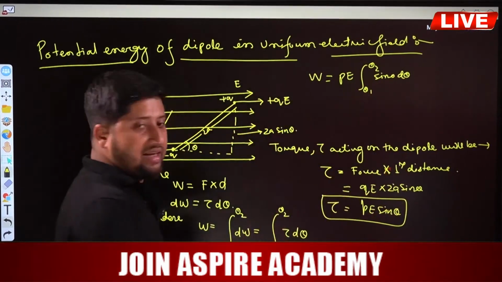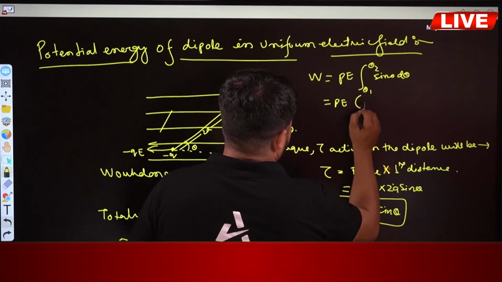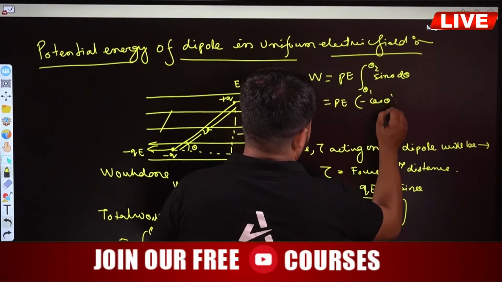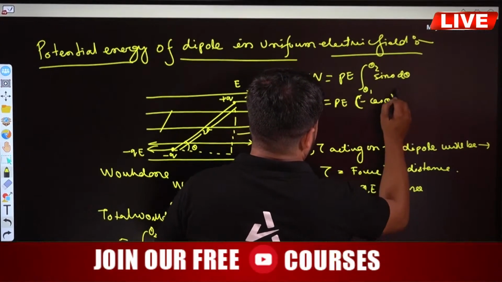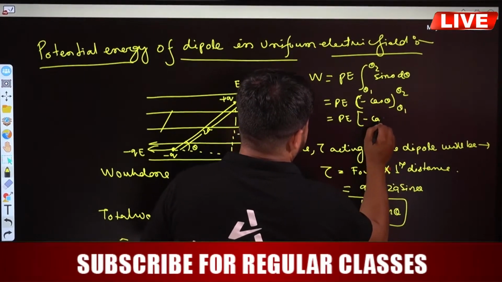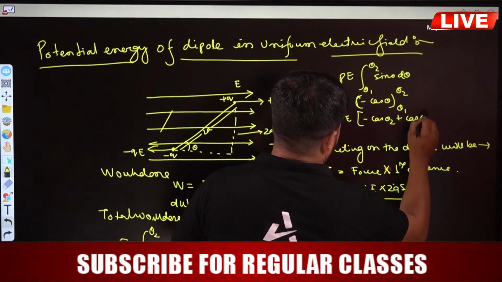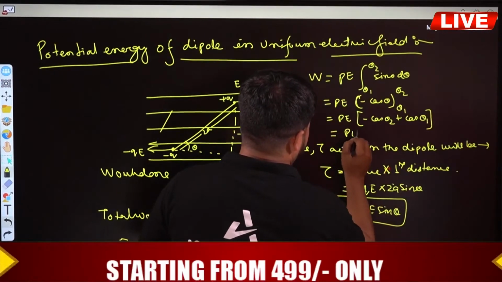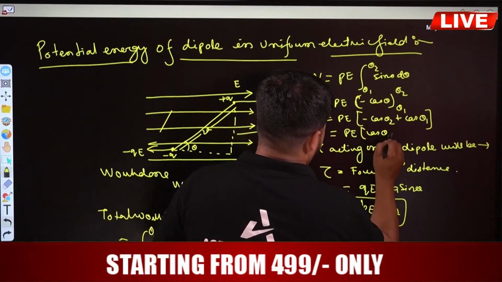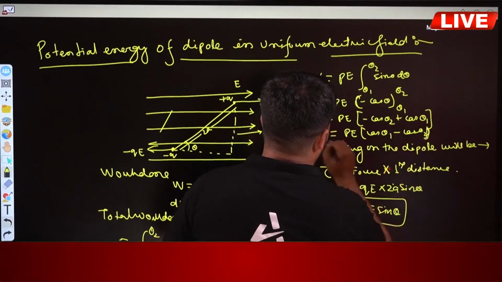The integration of sin theta is minus cos theta. So W is equal to pE times minus cos theta 2 minus minus cos theta 1, which gives pE (cos theta 1 minus cos theta 2). This is the amount of work done.